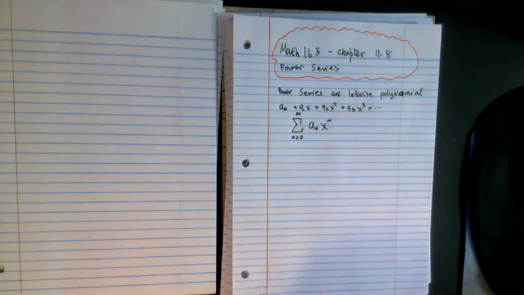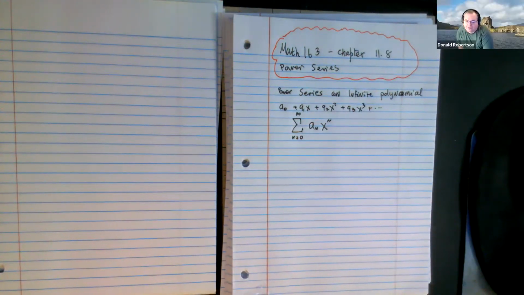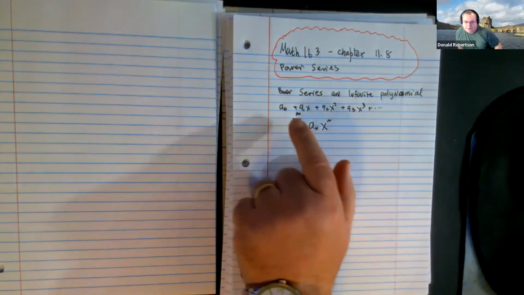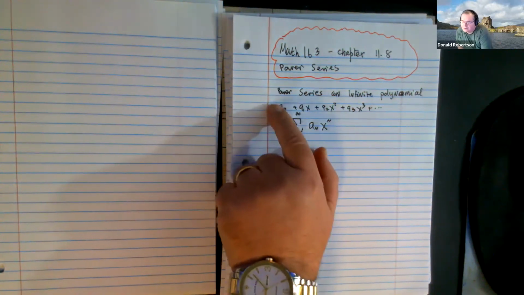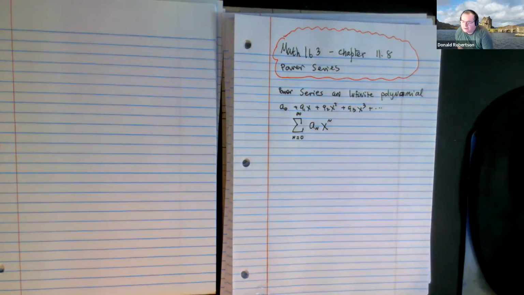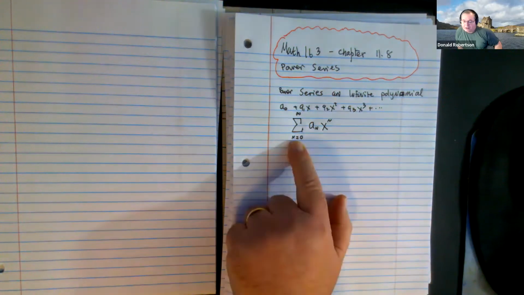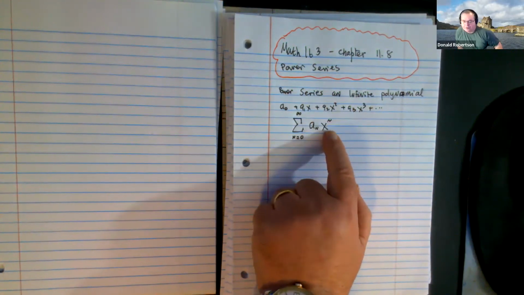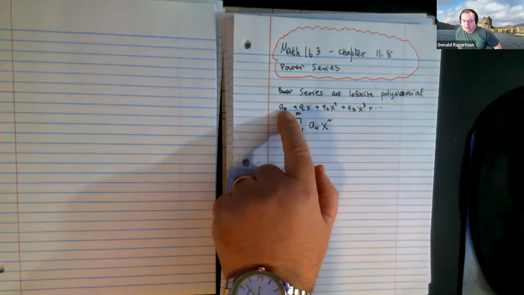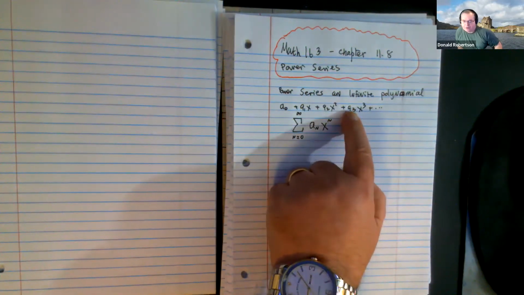Do you notice that the counting variable n starts at 0? It's a little cosmetic, but it does. And can you imagine that this, using sigma notation, would generate that? Great. If you plug in n is 0, you get a0, x to the 0, which is 1. So that gets you this term. You plug in n equals 3, you get a3, x cubed.